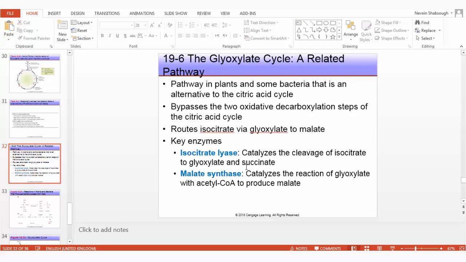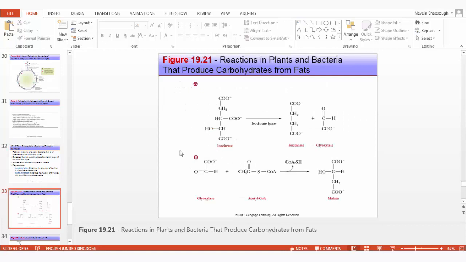Now, in this case, if we look here, this is the first enzyme. Now, two molecules of acetyl-CoA enter the glyoxylate cycle and give rise to one molecule of malate. So at the beginning, notice isocitrate is cleaved by isocitrate lyase to succinate plus glyoxylate. Then glyoxylate plus acetyl-CoA produce malate.